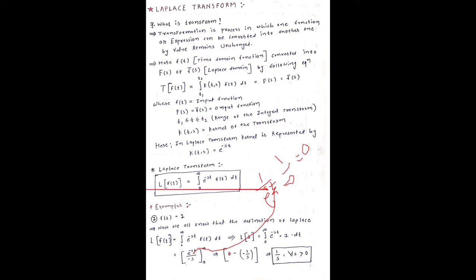So 0 minus, put 0, means e raised to minus s times 0, 1 upon minus s. So minus, and this minus is here minus, and 1 upon s. So here minus minus is plus, and what is the value of Laplace of 1? 1 upon s. So Laplace of 1 is equal to 1 upon s, for all s greater than 0.